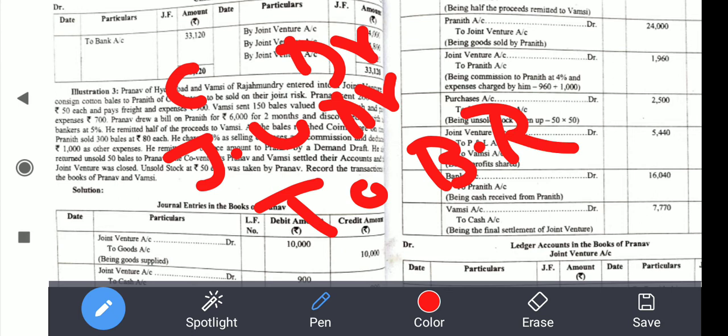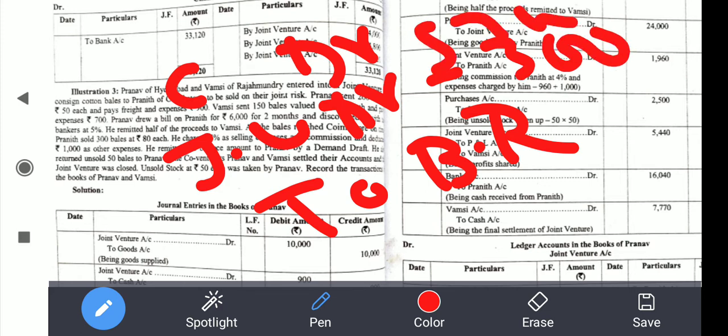Here the joint venture bears the discount amount, 300 rupees, and the amount we received is 5,700, but the total Bills Receivable is 6,000.